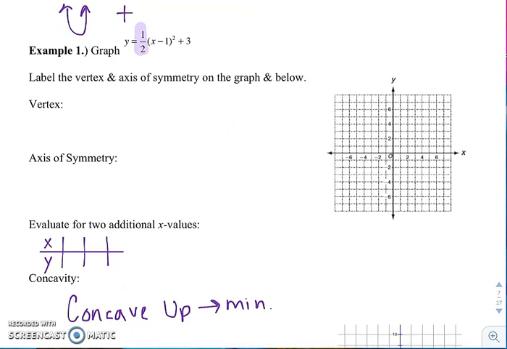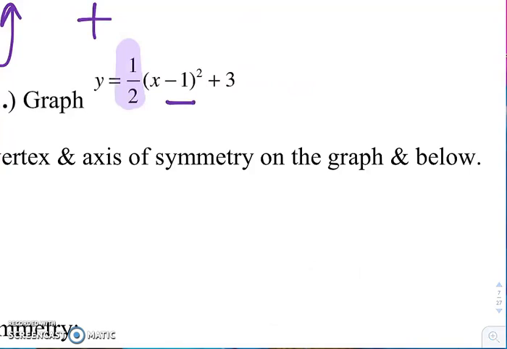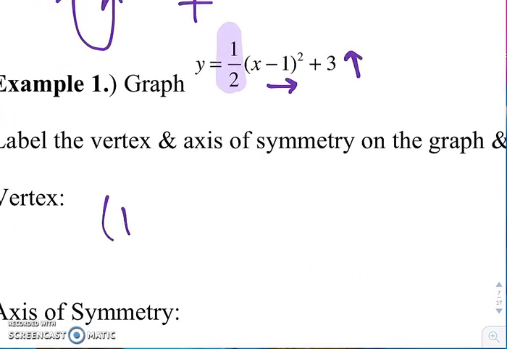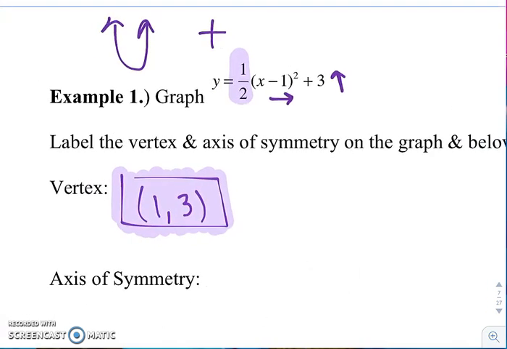So let's identify what the vertex is. We like when it's in this form because it's super easy. Literally, you look at your equation and it's minus 1 on the inside, so that's actually right 1 and up 3. So your vertex is (1, 3). You guys can graph that if you want. Now remember, if we have the vertex, the axis of symmetry is always through the x value of your vertex.